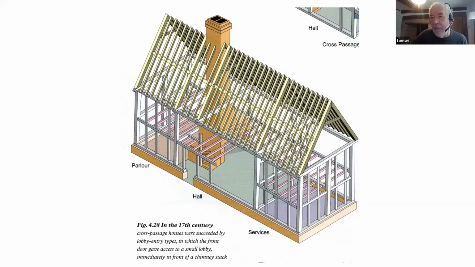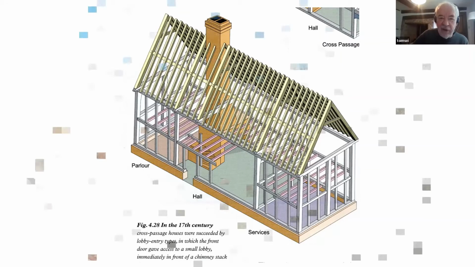Now, there is an approach to plan forms exemplified by Eric Mercer, more recently by Matthew Johnson, which interprets plans and variations over time and space predominantly in social terms.